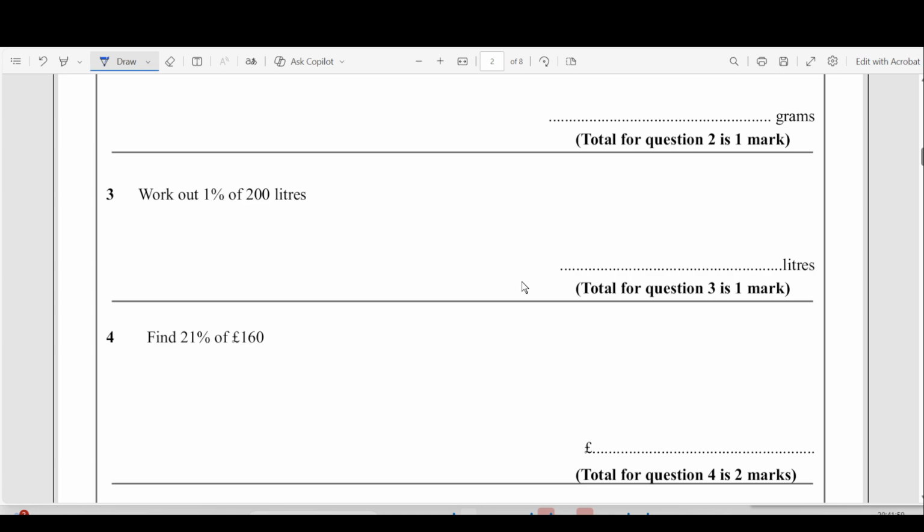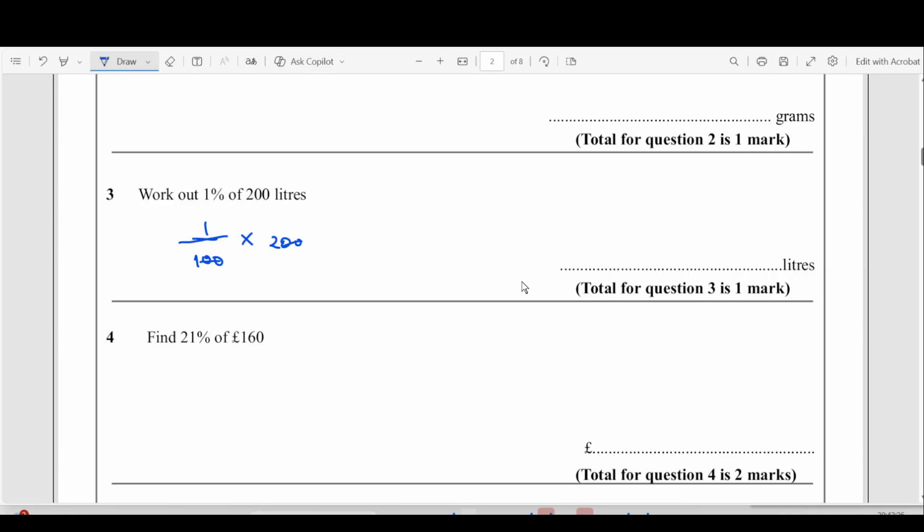1% of 200 liters. So 1 over 100 times 200. Then cancel out the zeros. Very good.